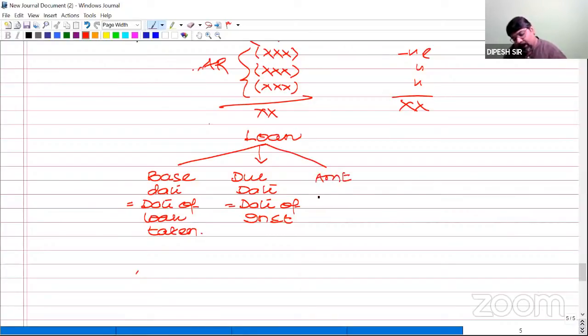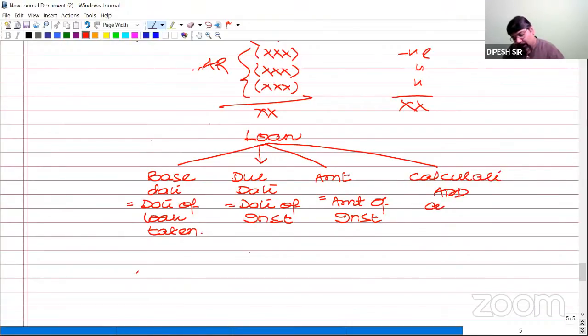Amount is equal to amount of installment. Calculate ADD as usual. Correct?